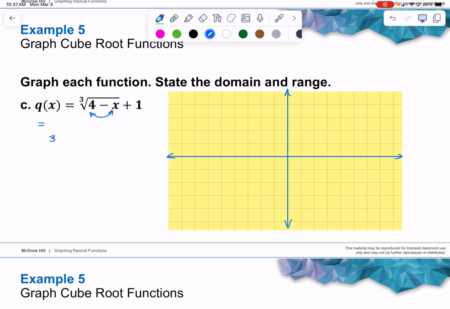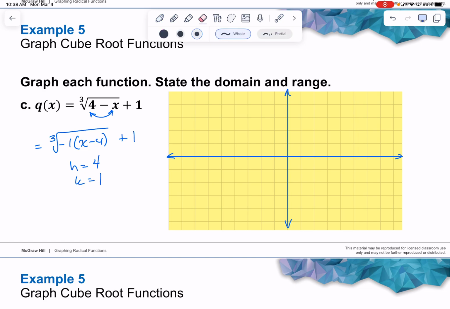So this is going to be the cube root of, we're going to factor out a -1 times x minus 4, plus 1. When we factor out that negative value, that allows us to see our h and our k, doesn't it? So my h is 4, and my k is 1. So I'm going to go over 4, up 1, and that's my inflection point.